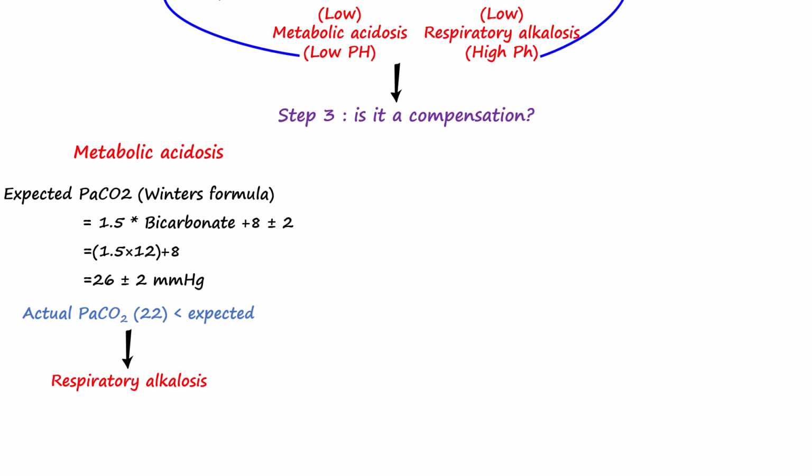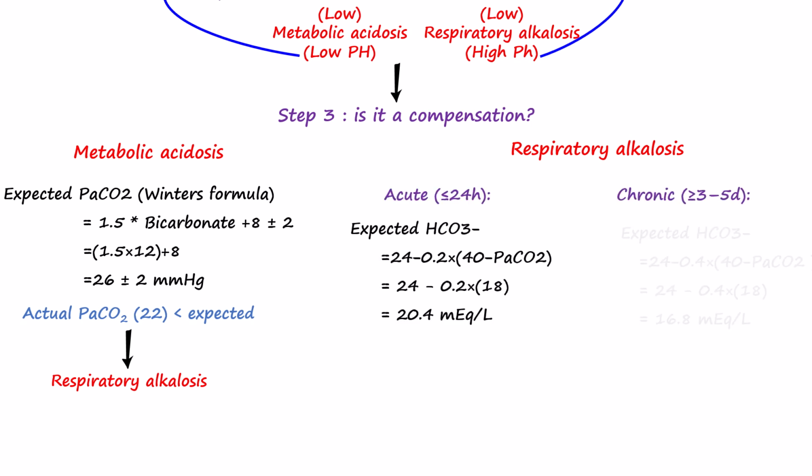Now let's assume the primary cause as respiratory alkalosis, whereby we would expect renal compensation to reduce bicarbonate level. We are unsure of whether the respiratory alkalosis is acute or chronic, so we'll calculate the expected bicarb for both situations. Again, I have to mention here that we have discussed compensation rules in our previous two videos.